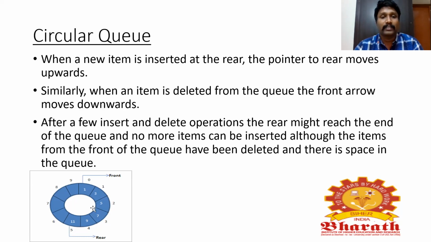So when a new item is inserted at the rear, which means at the last part of the queue, the pointer to rear moves upward. Similarly, when an item is deleted from the queue, the front end moves downward, the opposite. So on inserting, the rear moves upward, and on deleting, the front end moves downwards.